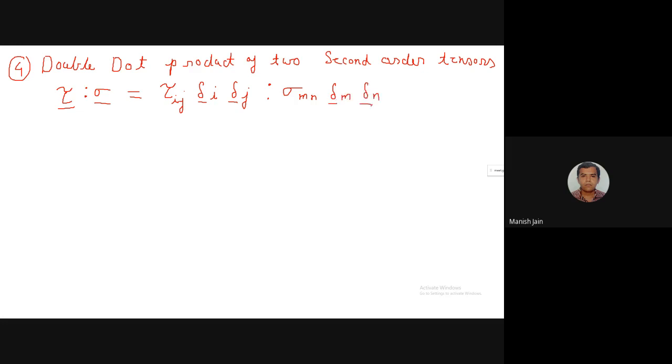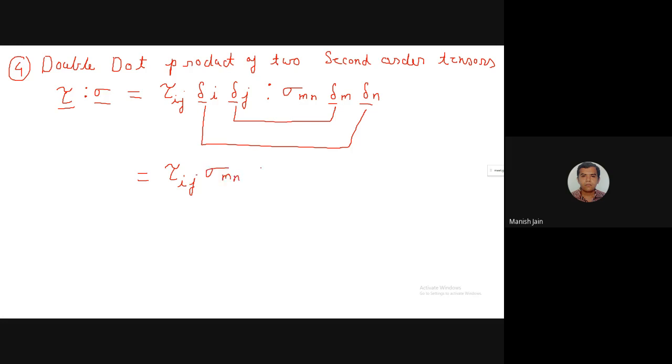Now, in the double dot product, first you take the dot product between the nearer vectors, then you take the dot product between the farthest vectors. So in this case, you take the dot between j and m, then you take the dot between i and n. So you can write tau ij sigma mn.